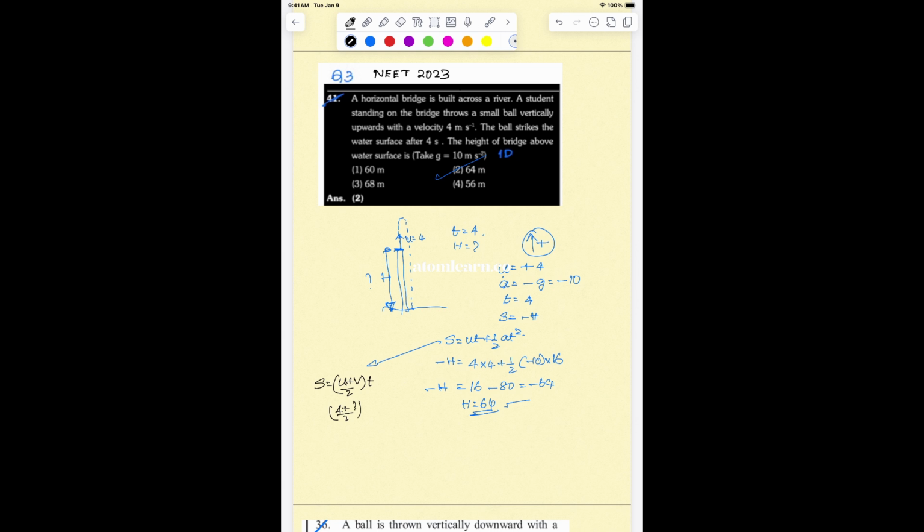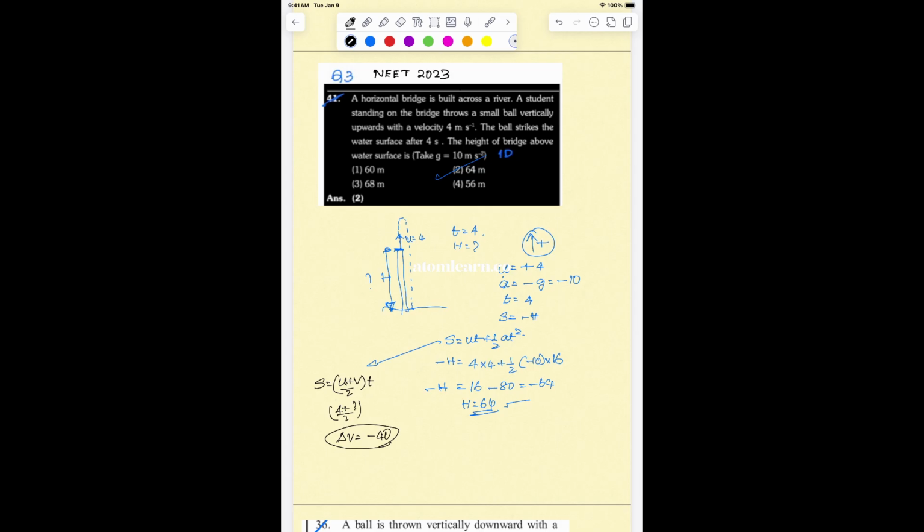How much? Because g is retardation, minus. Each second gives a minus 10 change in velocity, a reduction by 10 units. Four seconds, therefore minus 40.